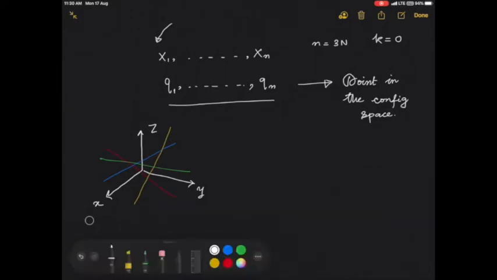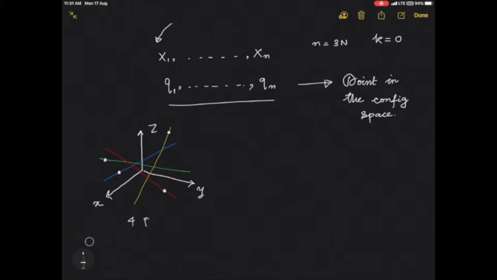If I consider any instant of the system, this particle moving on its straight line may be here, this particle may be here, this one here, and this particle may be here. So you see, the system is given by 4 points here. All 4 points are needed to specify the state of the system.